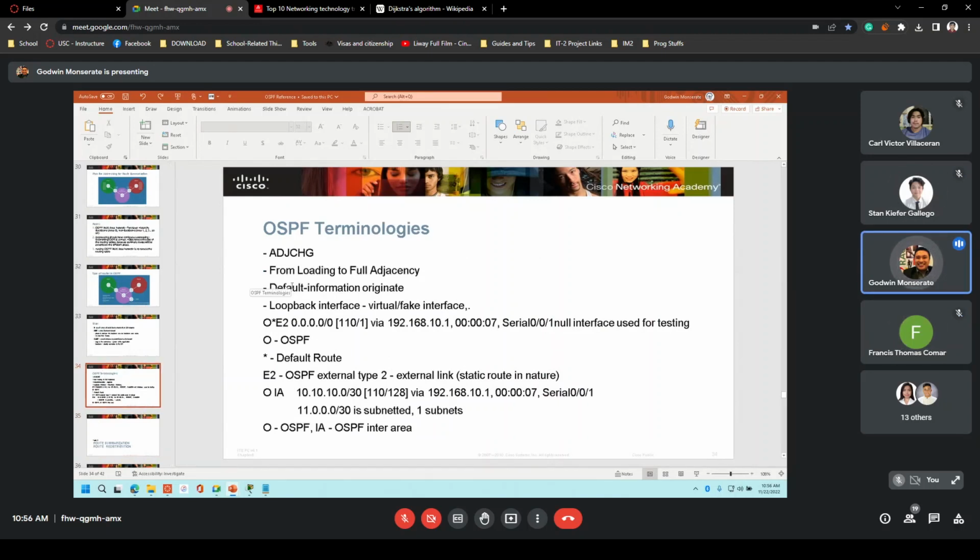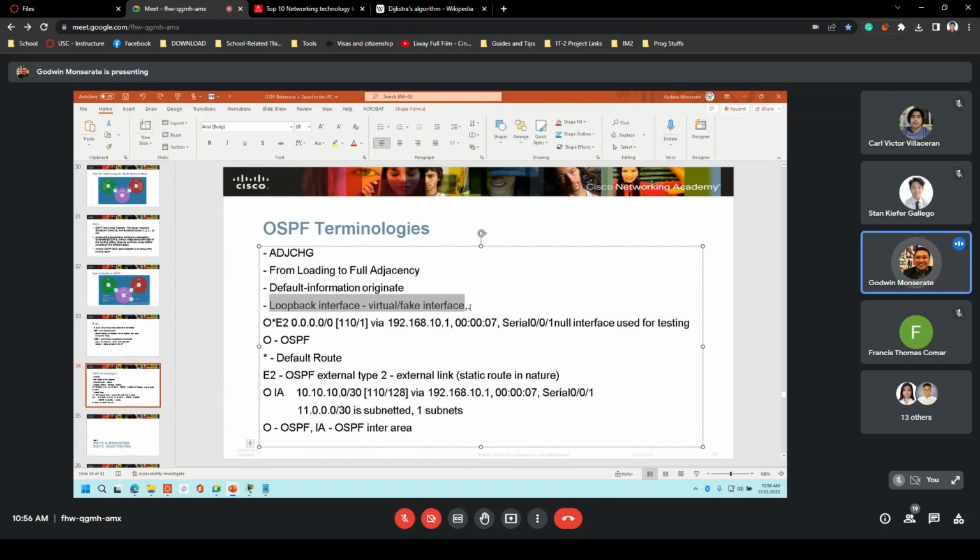You saw that when OSPF converges, the adjacency automatically changes from loading to full adjacency. Then, to connect a default static route, you apply default-information originate. Then the loopback interface we created earlier is a fake or virtual interface, just for the purpose of testing the network.